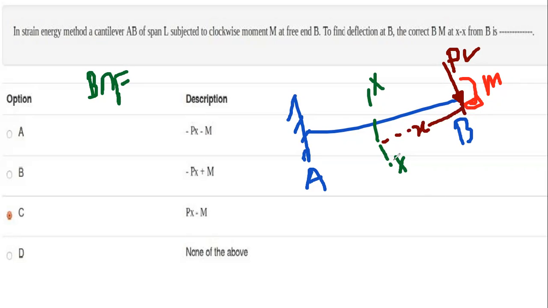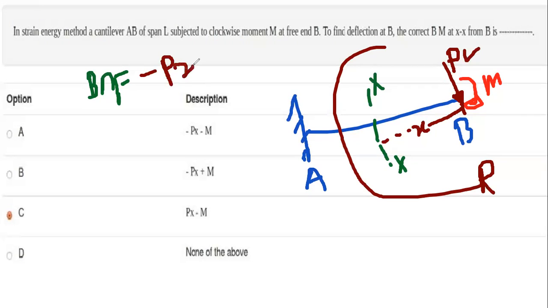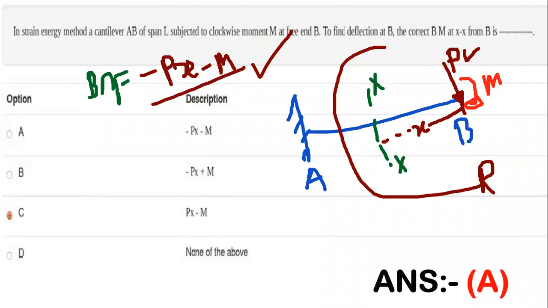Now the moment of this dummy load and the couple M about the section will be clockwise, and this is the right portion. For the right portion, clockwise is minus, so the moment is minus Px, and the couple M also acts clockwise, so minus M. That gives minus Px minus M. So that is option A.